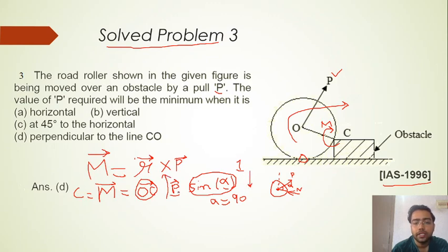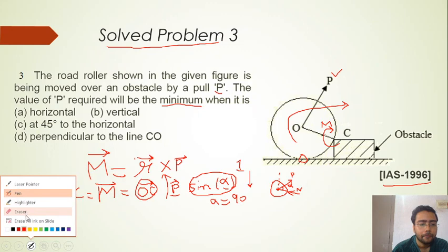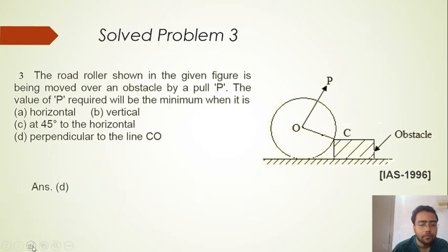But they are asking for the minimum value of P, so we have to decrease P. P into OC into sin alpha is equal to a constant. If we reduce P, since OC is already constant, sin alpha should increase.